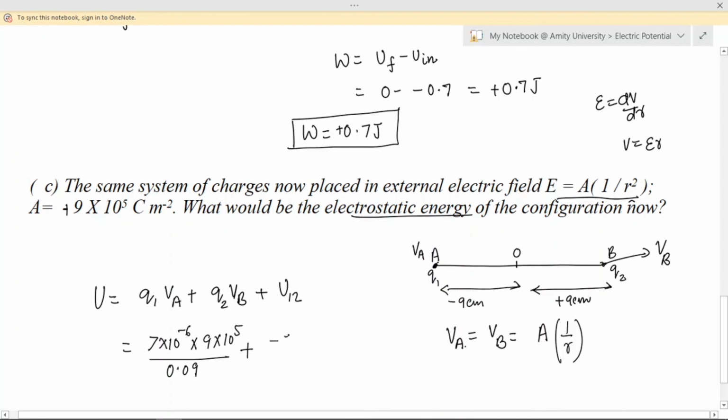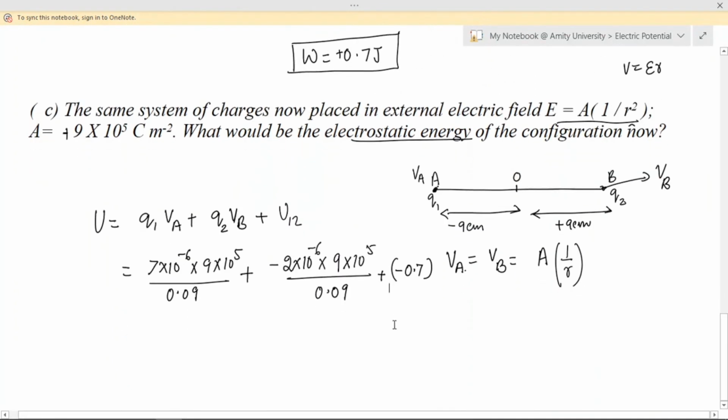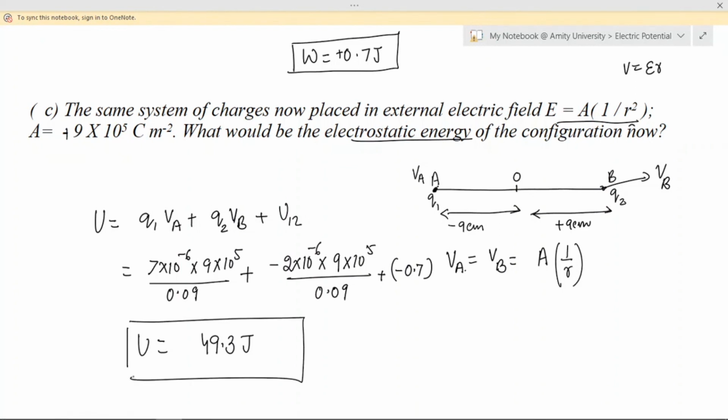Q2 is minus 2 microcoulombs, times VB, which is again the same, A by r, where r and A are also the same. And the potential energy due to the mutual interaction we have already calculated to be minus 0.7. When we solve this, we get the total energy as 49.32. This is what you will get as the final potential energy when the same system of two charges is placed in this external electric field.